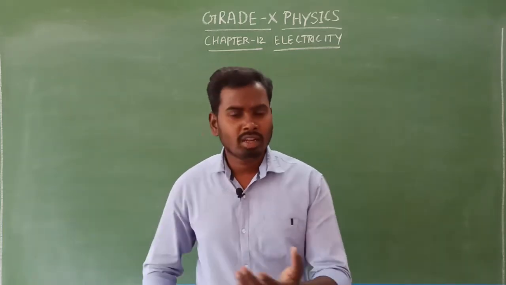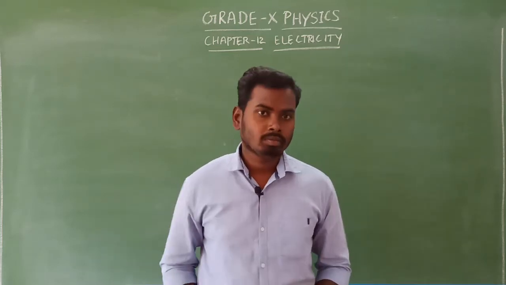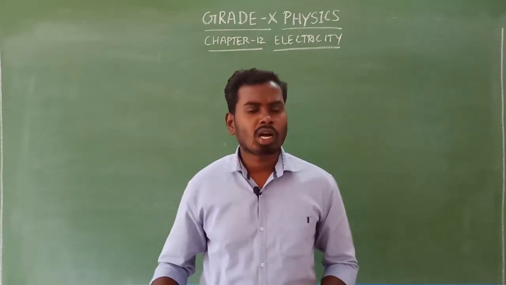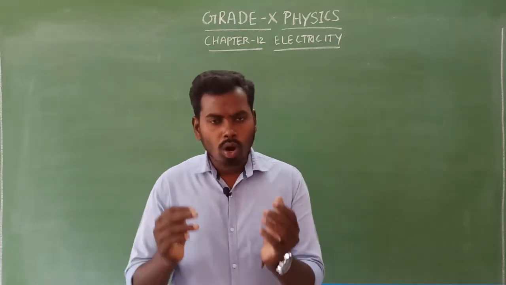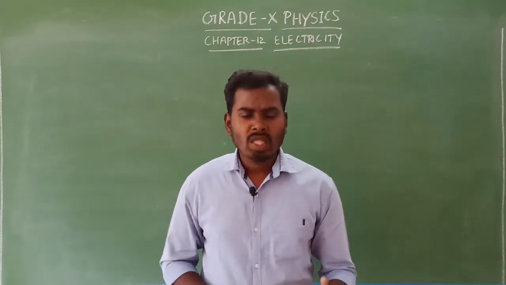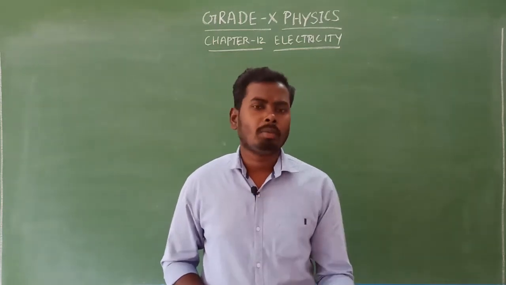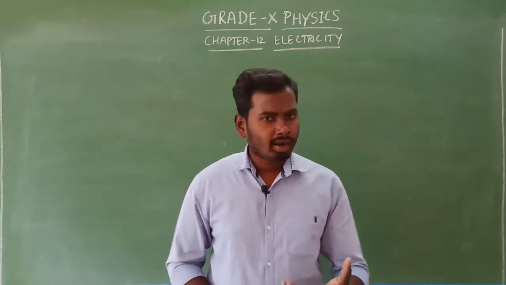Even sometimes in industries, most of the machinery functions throughout the day, 20 hours or 24 hours like that. So here 1 watt and 1 second are very small units, so commercially we cannot use this formula. So we need an alternative formula to calculate the electrical energy.